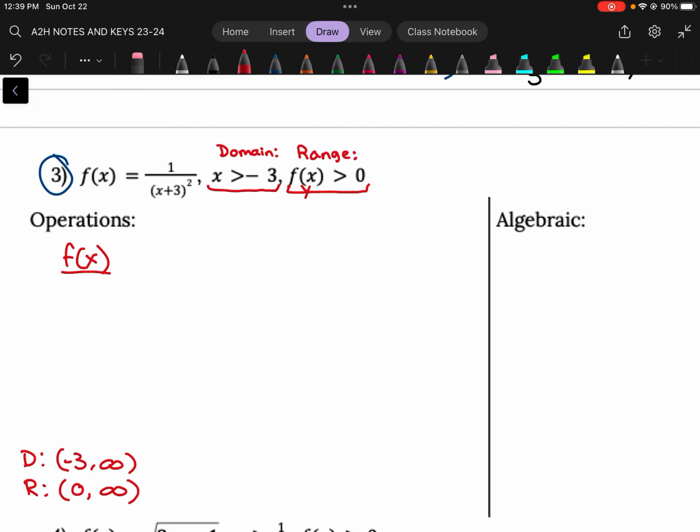So if we list out the operations here, I ask myself, what do I do as a very first thing to x? Well, I add 3 to it. So adding 3 becomes x plus 3. Then I square. Then what I really do is I take the reciprocal.